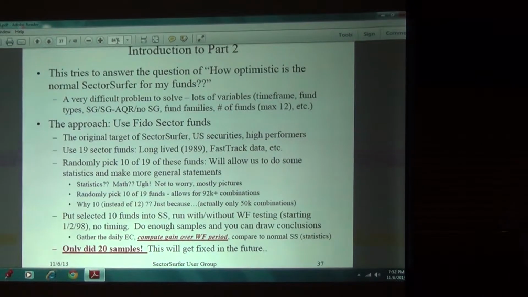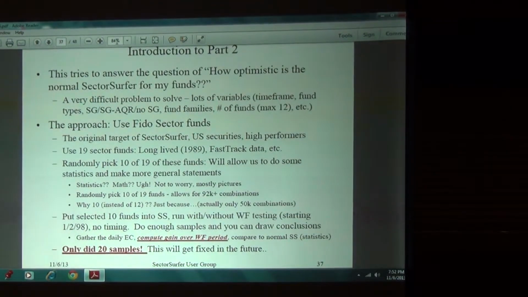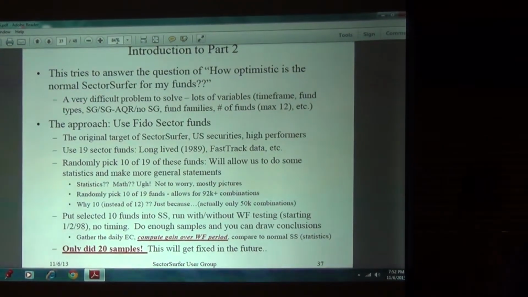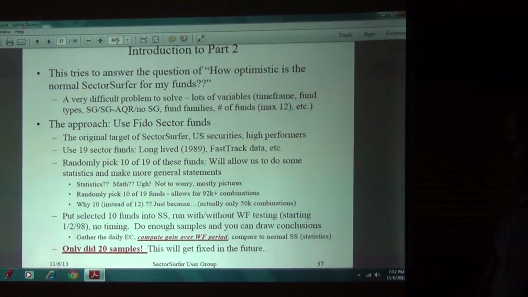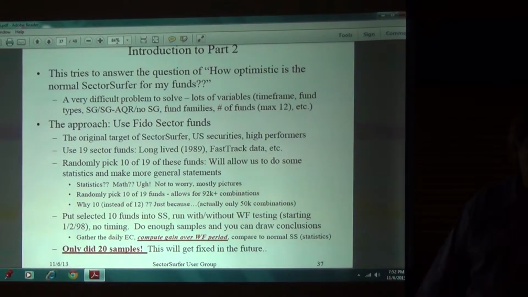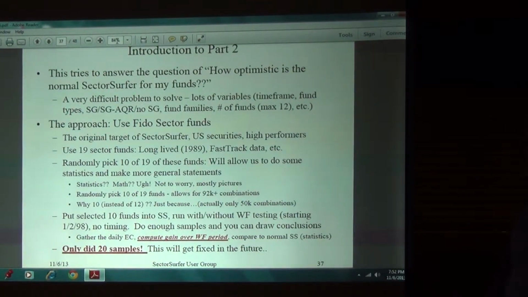I dumped all the information out, and I figured out what the gain was in each case, the gain being the compound annual growth rate. There's only 20 samples, so the statistics here are shaky. The next time we meet, I hope to have thousands of samples. Next slide.